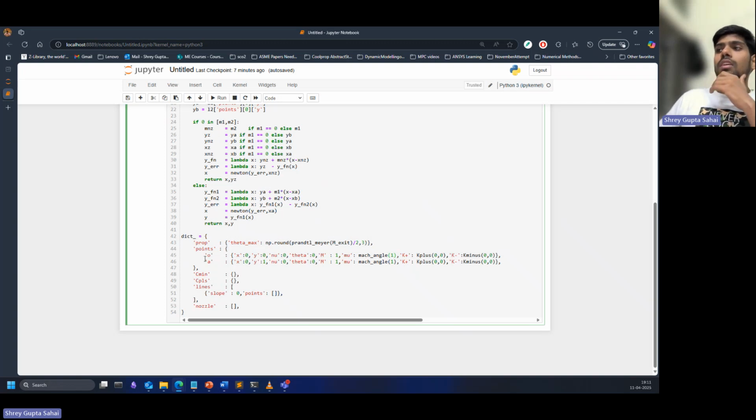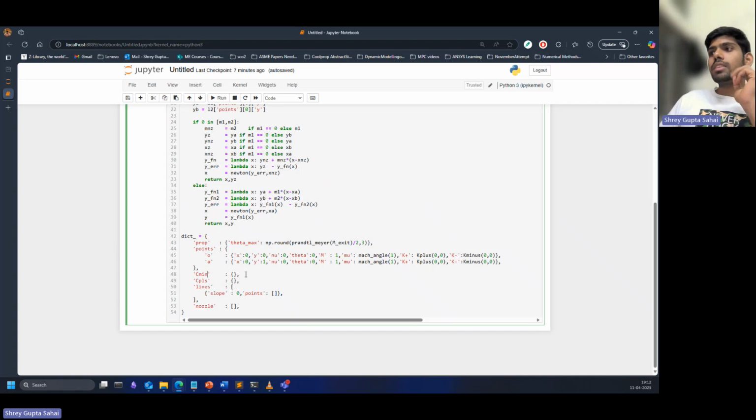Then there will be a series of points which we have to plot or find based on the design Mach number. So we'll start storing these points; I've stored the first one as A, and we're going to add to this list soon. This is the initial structure in which we store our data.